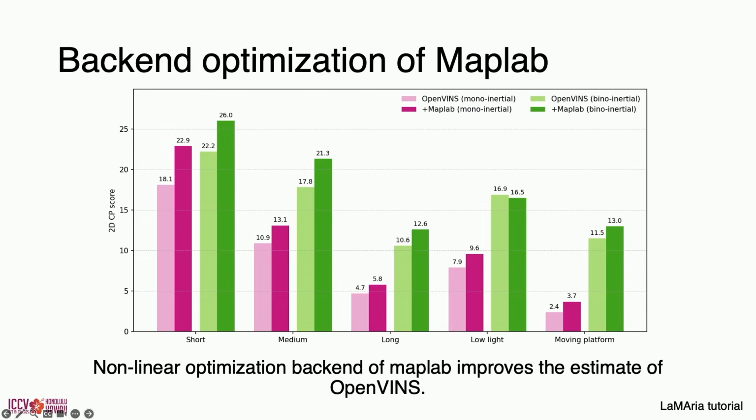Another takeaway was that we have OpenVINS, which is an odometry method. And we ran MATLAB, which is this backend optimization. We can see that it improves the estimate of MPS when we run MATLAB on the estimated OpenVINS trajectory.